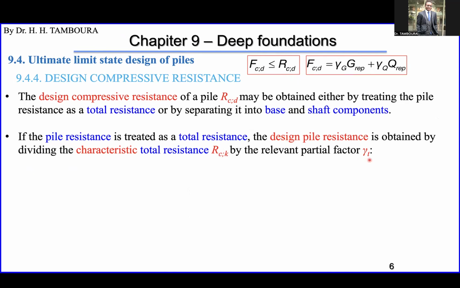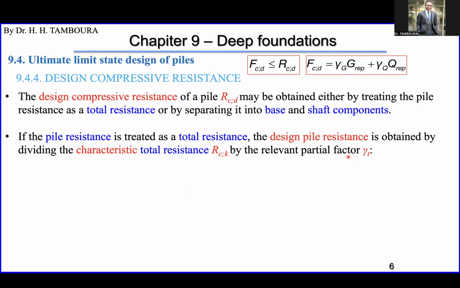I want this to be very clear for you. In the previous lesson, what we did was just the characteristic total resistance, RCK. To obtain the design resistance, we need to divide the characteristic resistance by a partial factor. The partial factors are different.